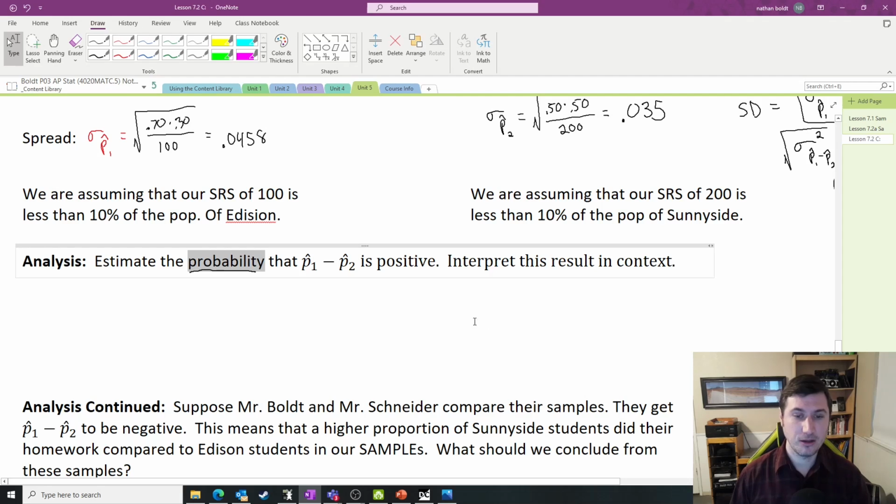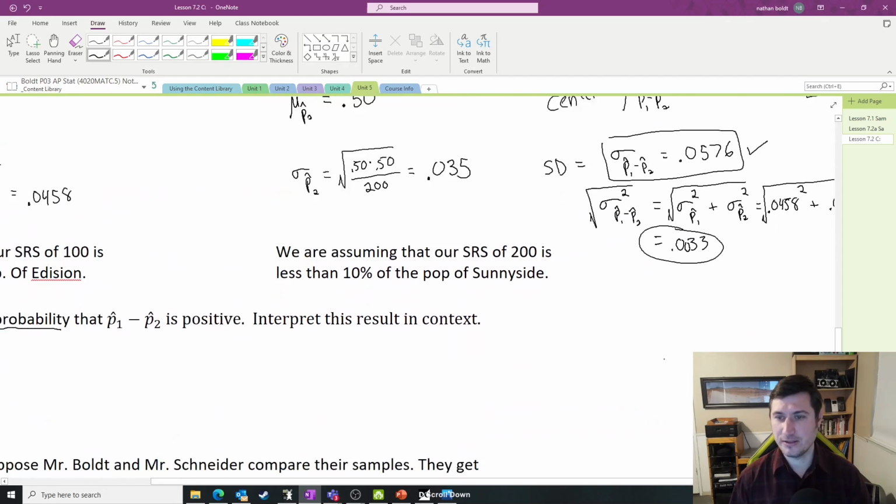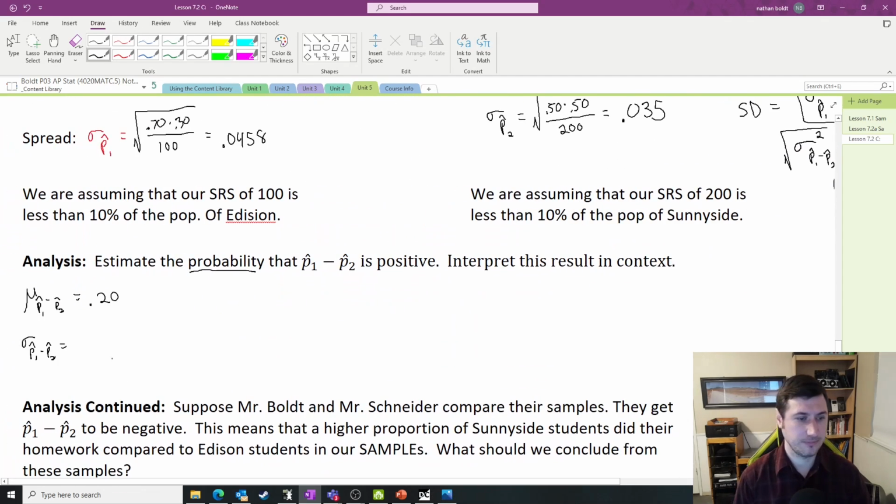But because it's way over there, now I forgot the numbers, so I'm going to write them down. The mean of P1 hat minus P2 hat was 0.2, and the standard deviation was 0.0576. It's a good thing your homework is multiple choice.